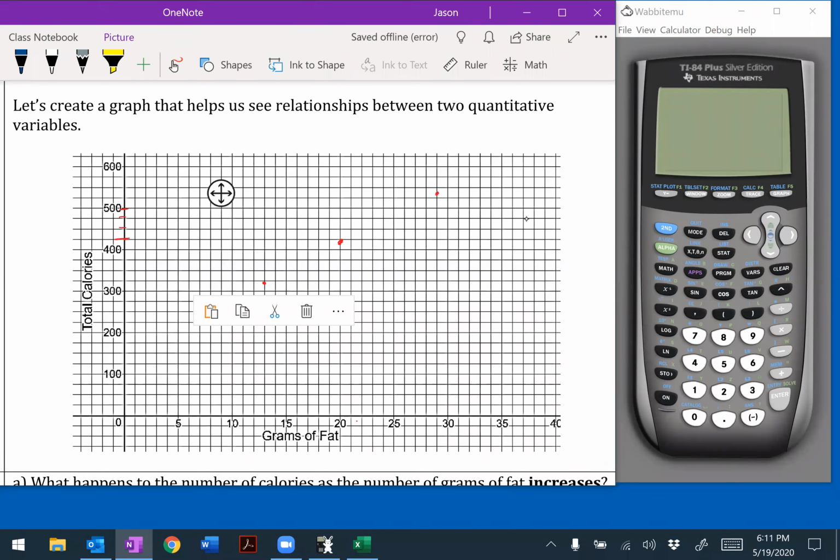It's almost a straight linear trend at this point, linear meaning a line trend. Let's do a few more of these. At 31, we're getting both 560 and 550.